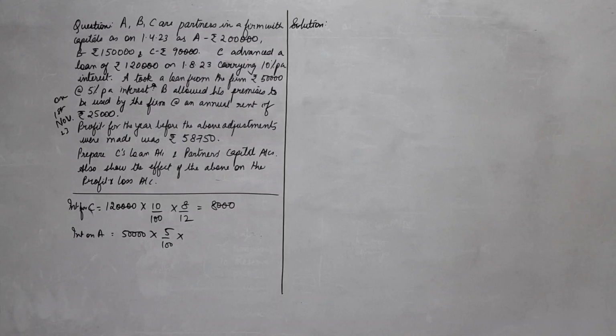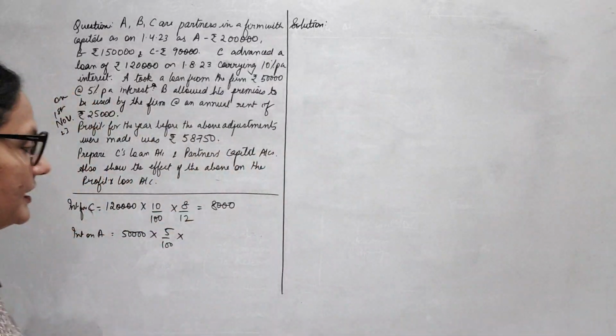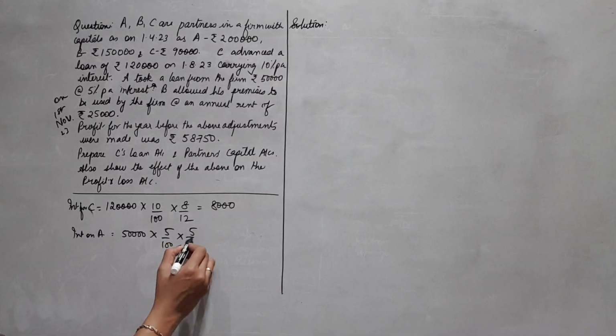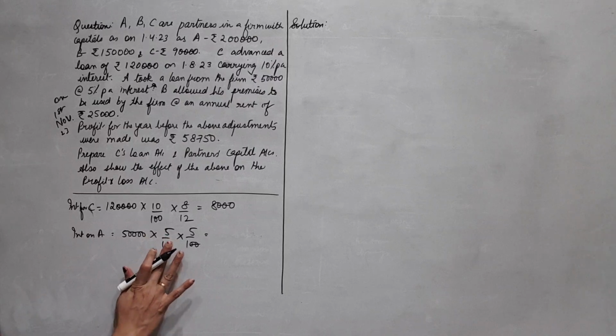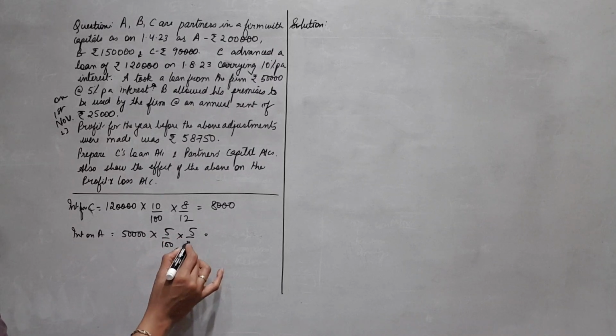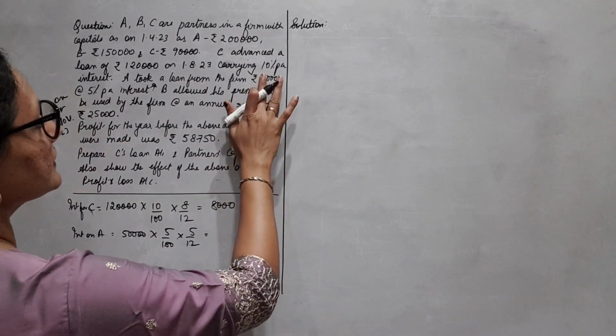So 1st November onwards, November, December, Jan, Feb, March, 5 months. We need to charge him interest for 5 months. This is 100, this is 12. So please check this. Oh, hold on. This is 60,000.